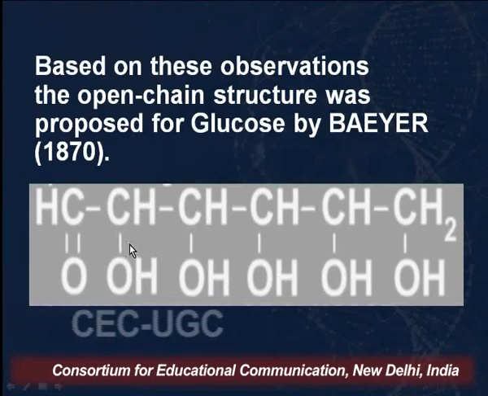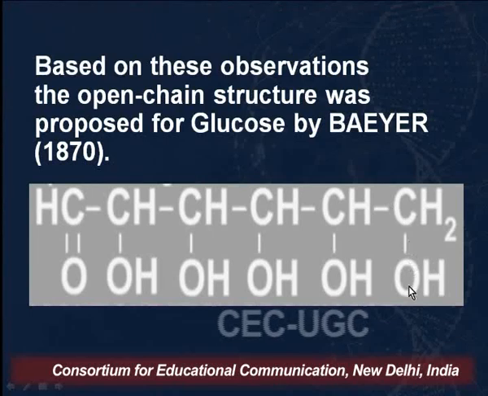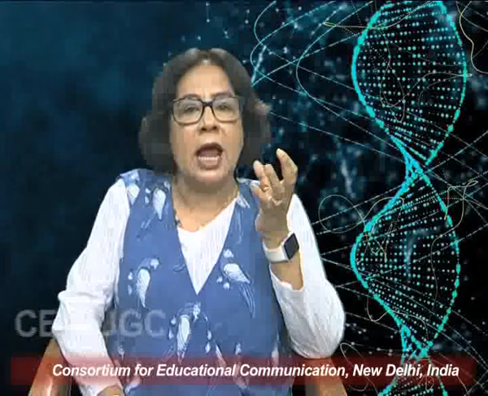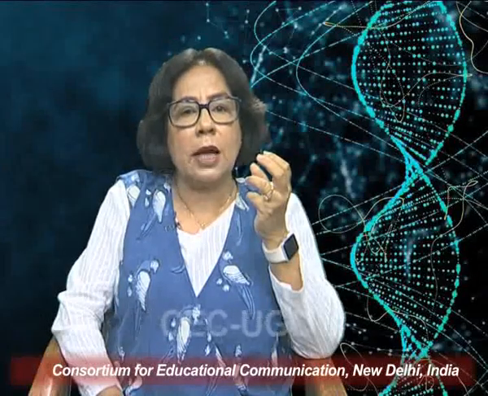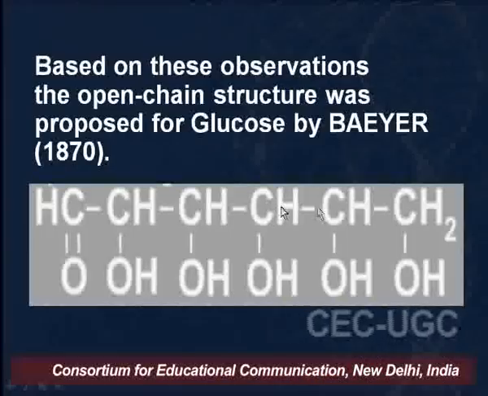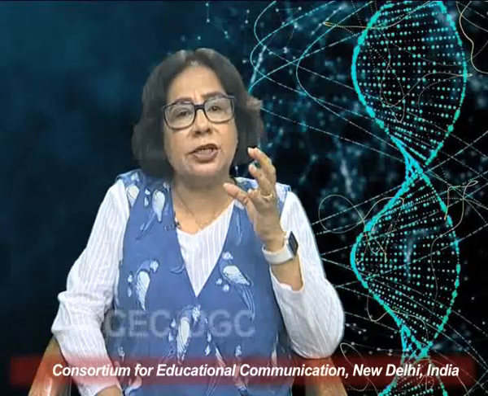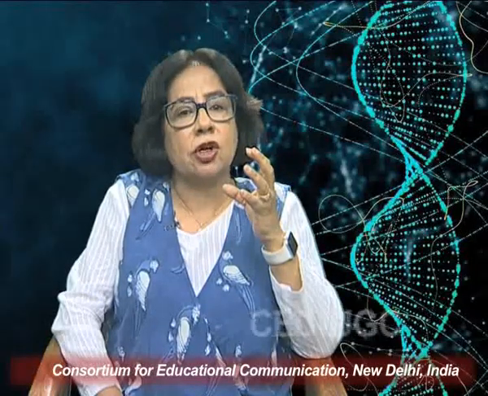Out of these 5 hydroxyl groups, 1 is a primary hydroxyl group and 4 are secondary hydroxyl groups. And these 4 carbons, carbons 2, 3, 4 and 5, are the chiral carbons. So till now we have established the open chain structure of glucose.